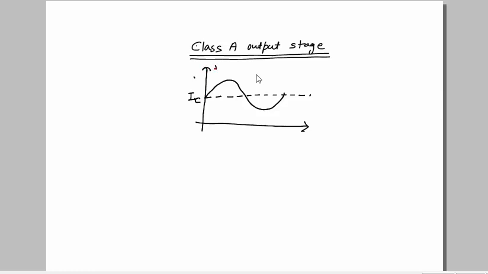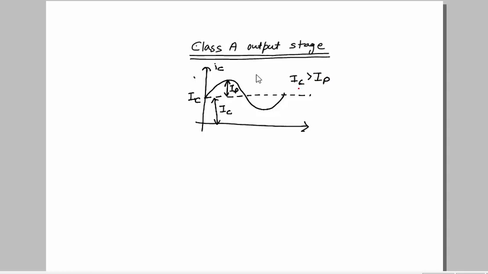So we are talking about IC here. This is the biasing current IC. Suppose this is the amplitude of the signal current IP. So IC should be greater than IP. Okay. So this was class A conduction.